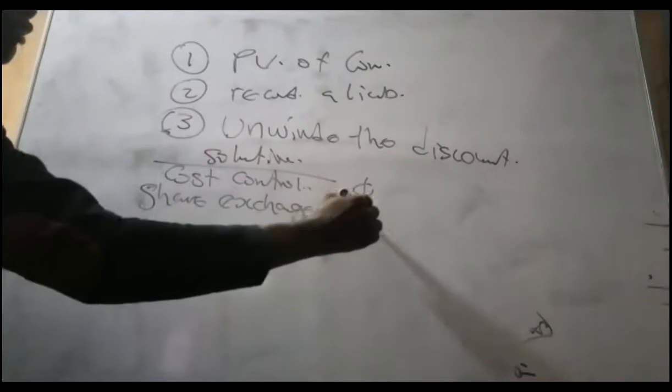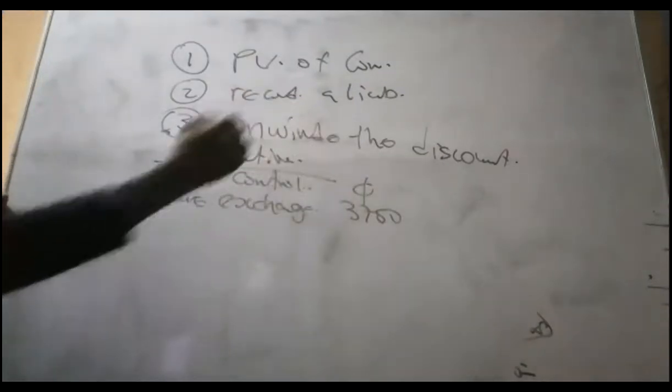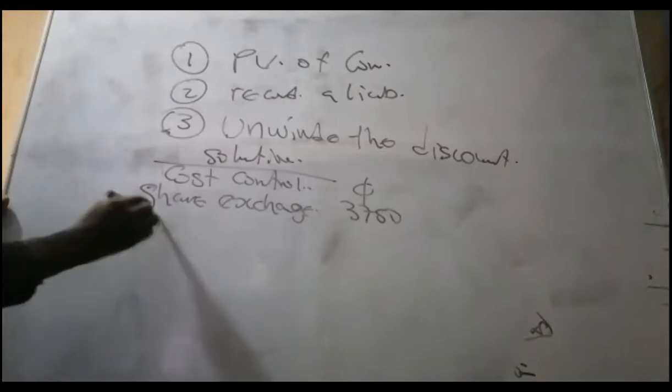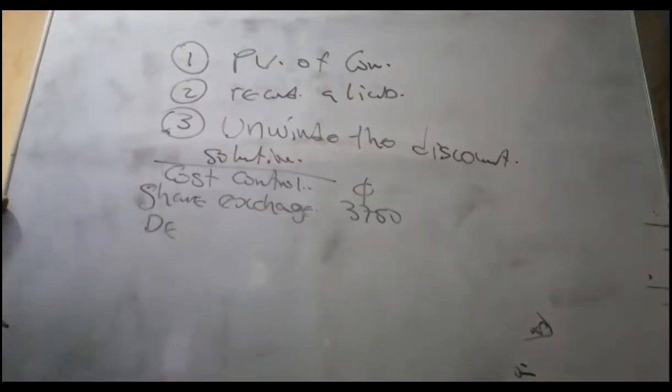We had 3,750 from the previous. Now we write deferred consideration.